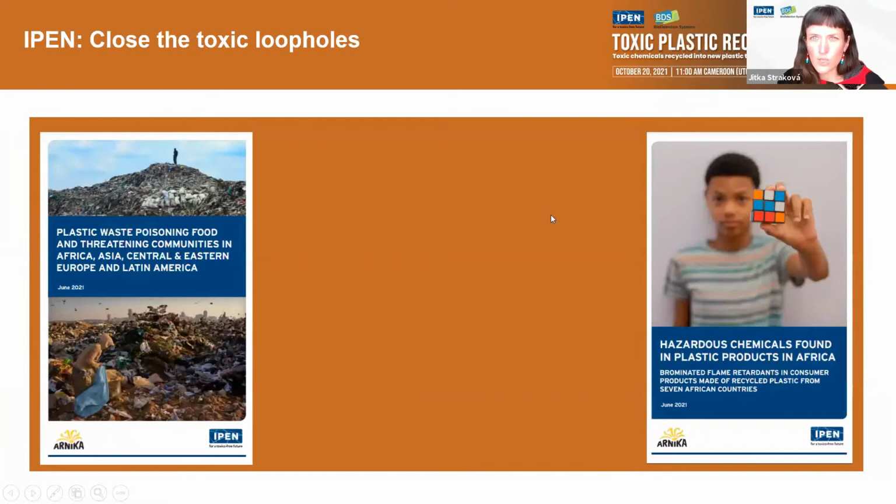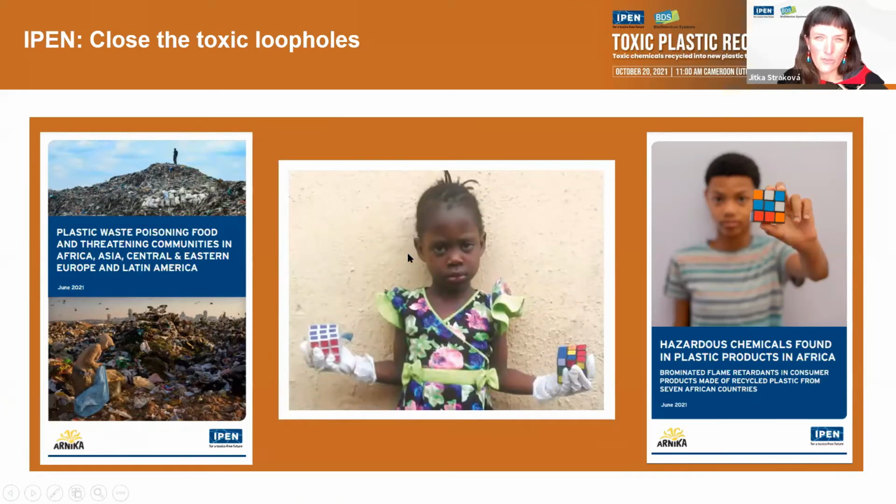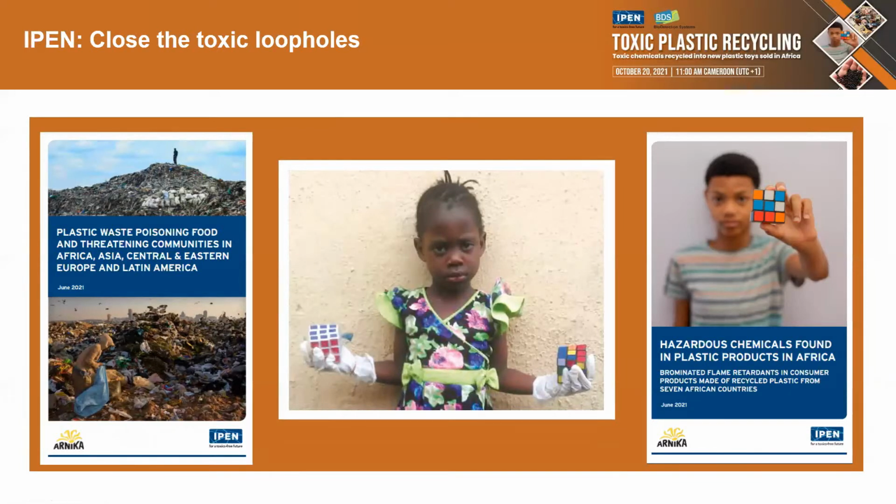IPEN continues to gain knowledge and information about the impact of toxic recycling of brominated flame retardants on local communities and our families and children. Here, I will be closing my presentation with the picture of little Esther, who holds in her hands examples of toxic products made of recycled e-waste plastics.